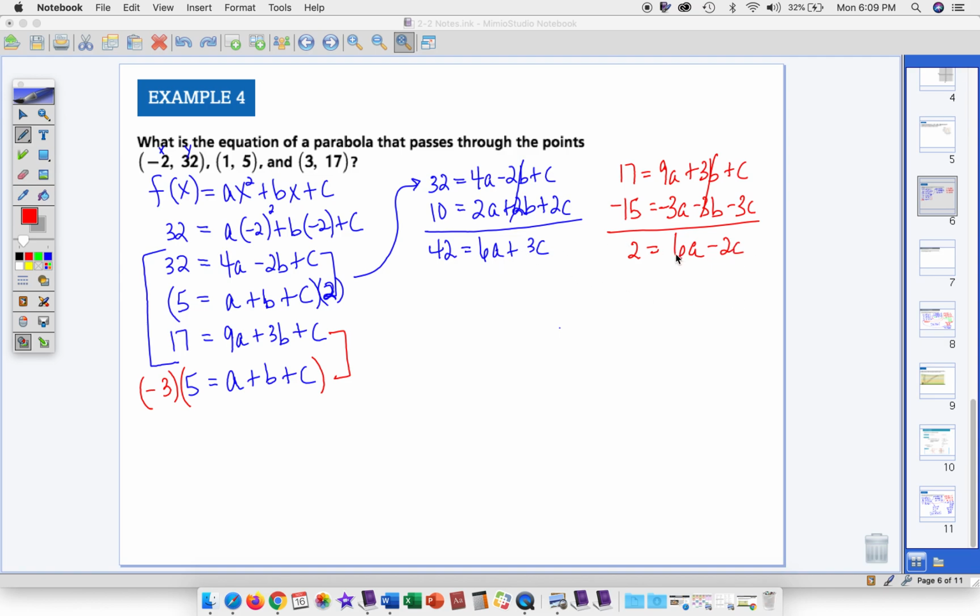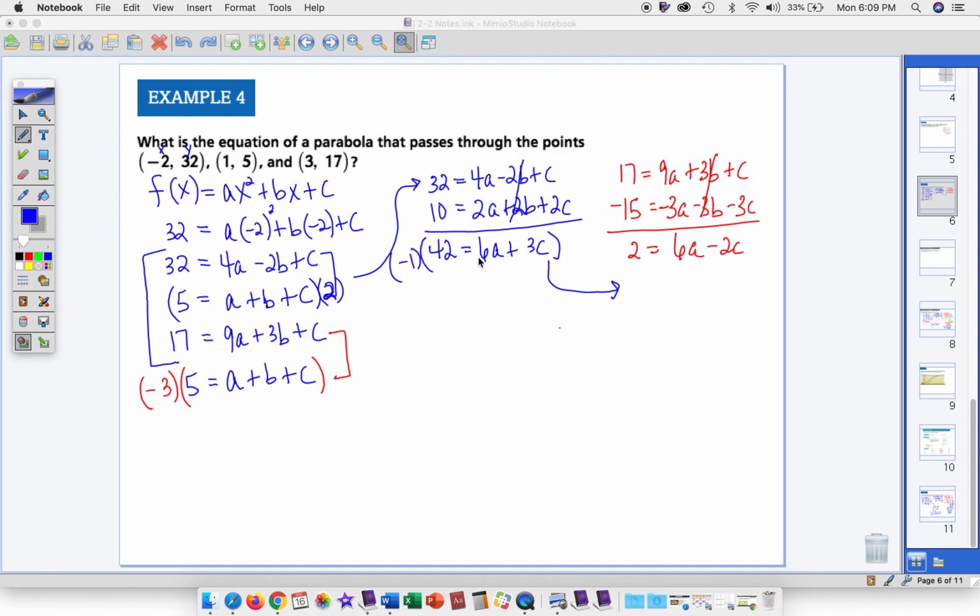Now I have two equations with just two variables, a and c. So I'm going to work with these two to eliminate a variable. As you can see, I have the same coefficients for a, so I'm going to eliminate a. I'm going to leave this equation here. I'm going to bring this one over, and multiply everything by -1.